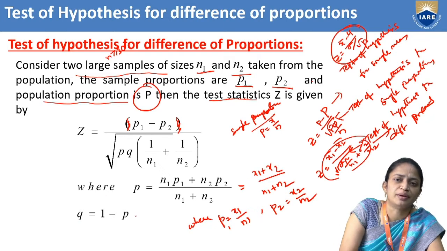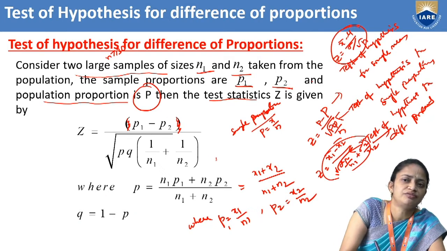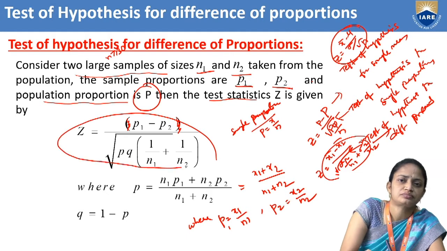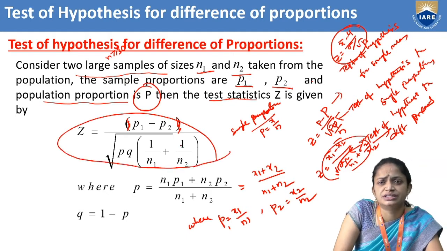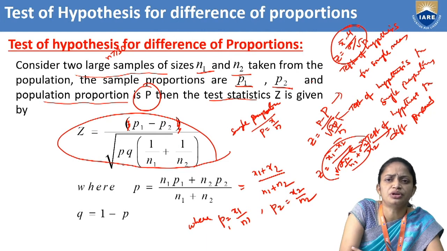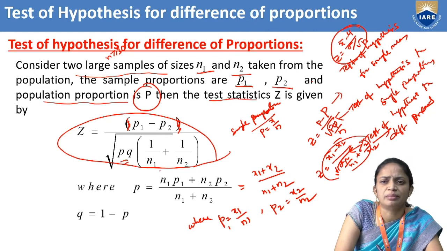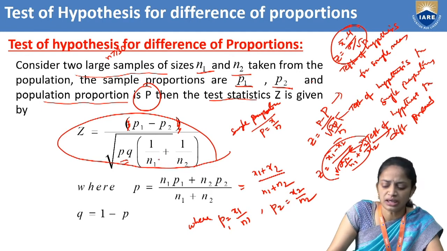So q equal to 1 minus p, and the main formula is the test statistic z equal to p1 minus p2 divided by under root of pq into 1 by n1 plus 1 by n2.